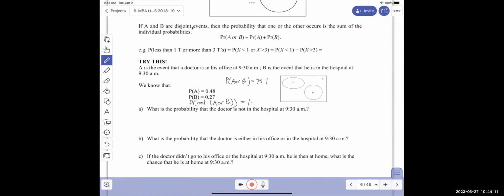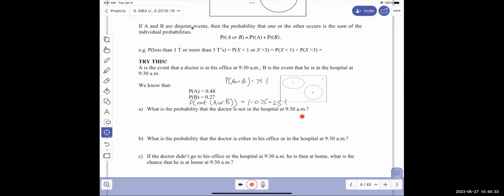And so this is 1 minus 75%. Which is 25%. So I define all my space, A, B, and the outside. So now let's see if we can answer the question. What's the probability that the doctor is not in the hospital at 9:30?